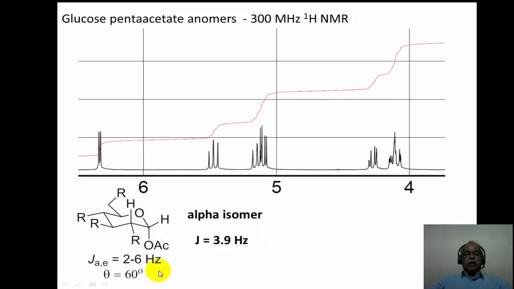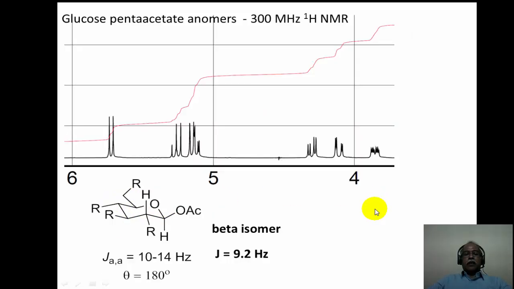So as a result, we conclude that this is actually the alpha isomer of the pentaacetate of glucose. If you look at the beta isomer, which is this particular isomer, the dihedral angle between these two hydrogens should be 180 degrees because they are trans and they are diaxial in nature.